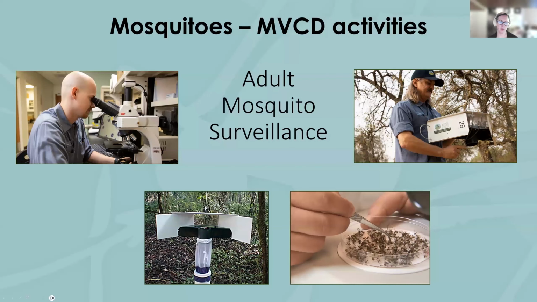And then most use some kind of a fan to suck the mosquitoes into a collection device, like a mesh bag. Like I said, there are many types, but they all have a similar principle. Once the mosquitoes are captured, they're brought back to a laboratory where they're identified, counted, and often tested for pathogens as well.